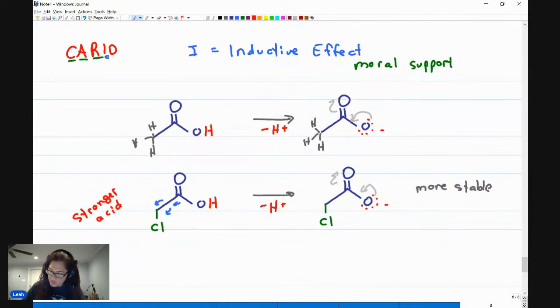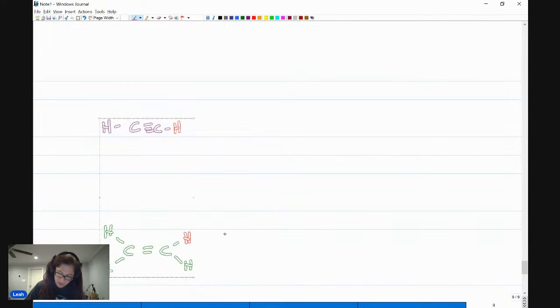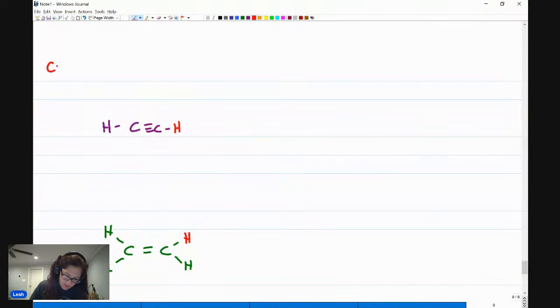All right, so then what if, let's try a different one. What if I give you a reaction that looks like this? So I have these two molecules that I'm comparing. And what I'm looking at is, well, let's start with CARIO. I have C for charge. I have none.